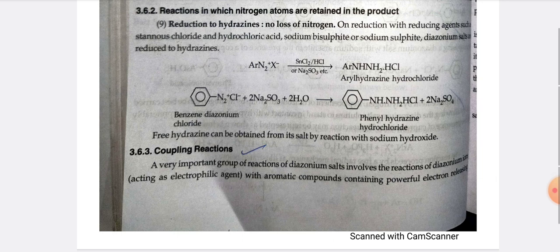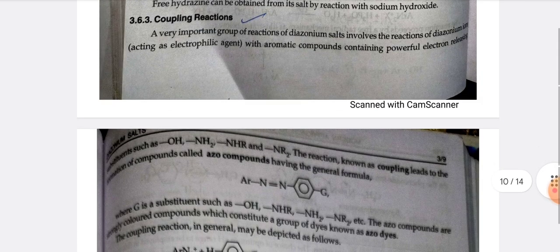Coupling reaction. A very important group of reactions of diazonium salt involves the reaction of diazonium ions acting as an electrophilic agent with aromatic compounds containing powerful electron releasing substituents such as OH, NH2, NHR, NR2.